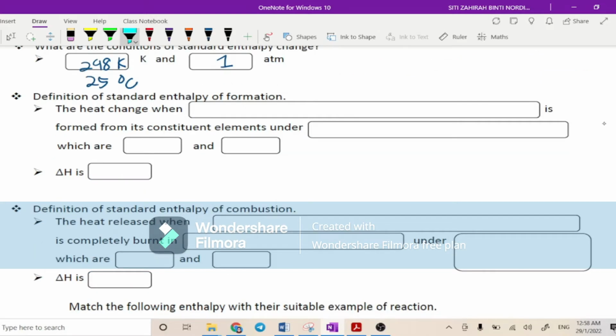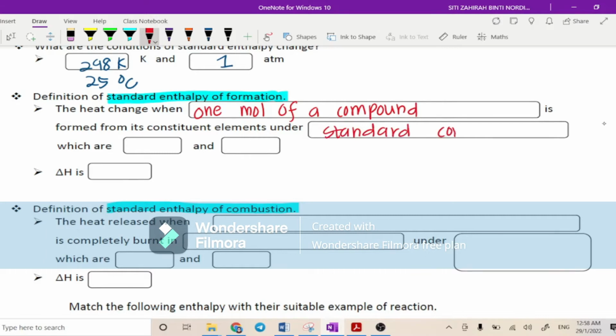The big two definitions of standard enthalpy are the standard enthalpy of formation and the standard enthalpy of combustion. So what are the differences between these two? For the standard enthalpy of formation, it means the heat change when 1 mole of a compound is formed from its constituent elements under standard conditions.